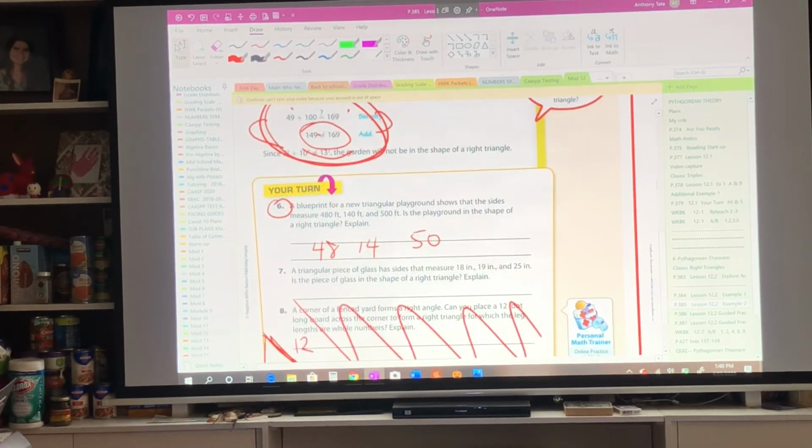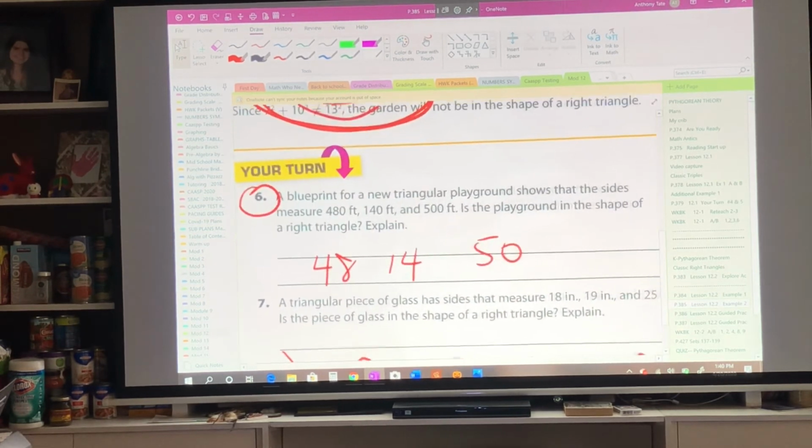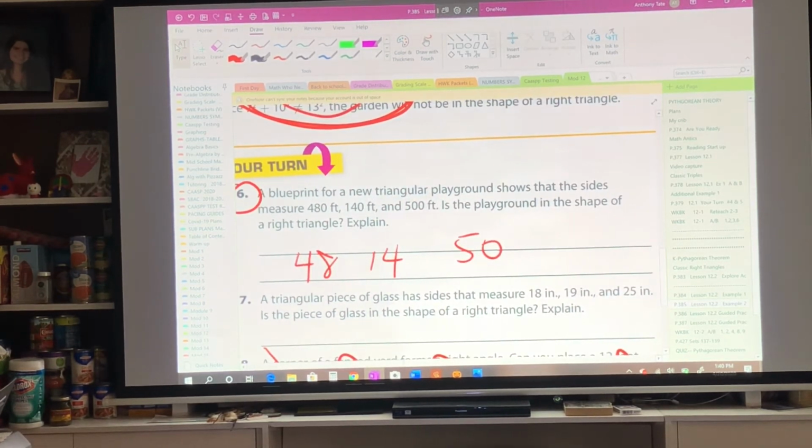Here's what I was going to show you on this one. It says, a blueprint for a new triangular playground shows that the sides measure blah, blah, blah, blah. Okay, look what I did. I took the 0 off on each one of these. It's like you divided them all by 10. The one up here is just 10 times bigger than this one, but it's the same ratio.